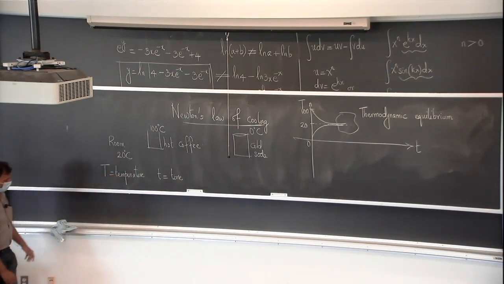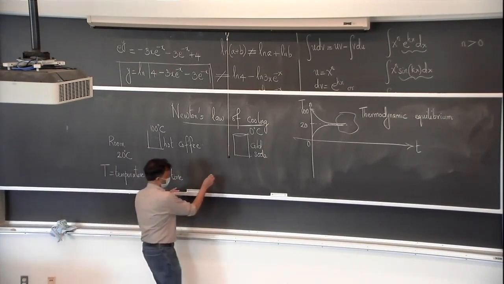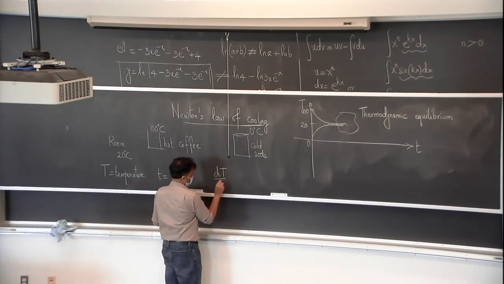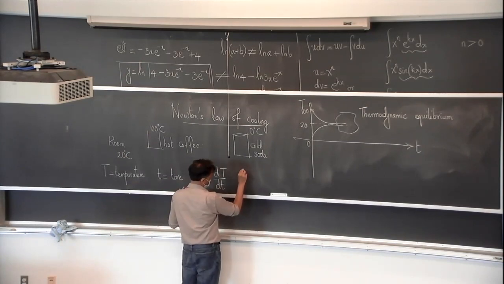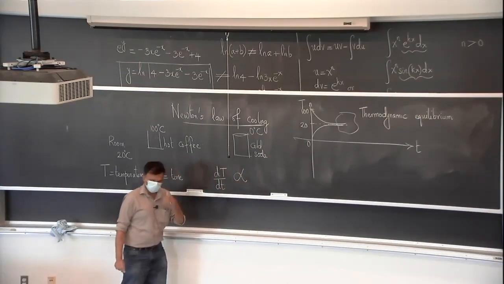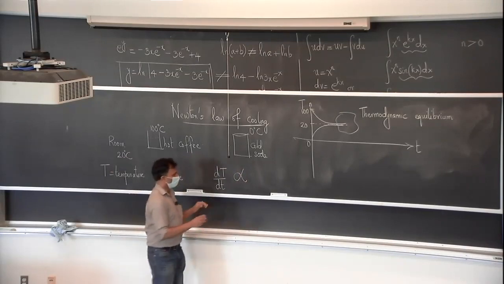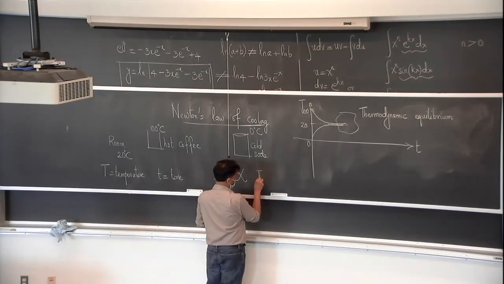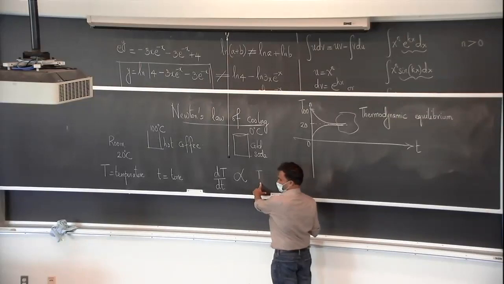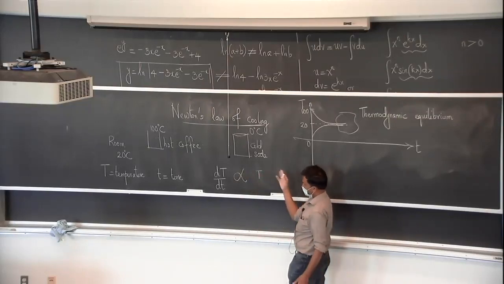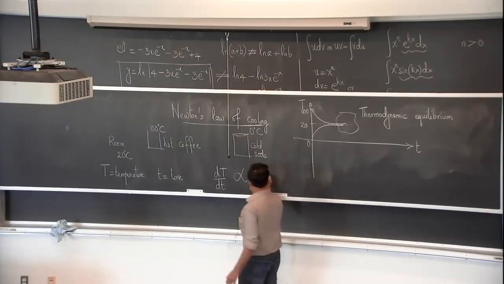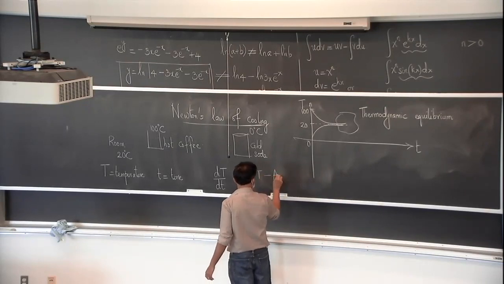Then the rate of change of temperature with respect to time is proportional to, I think all of you are familiar with that alpha-like symbol, the difference in temperature between what you have, maybe it's a coffee or a cold soda, and the surroundings.